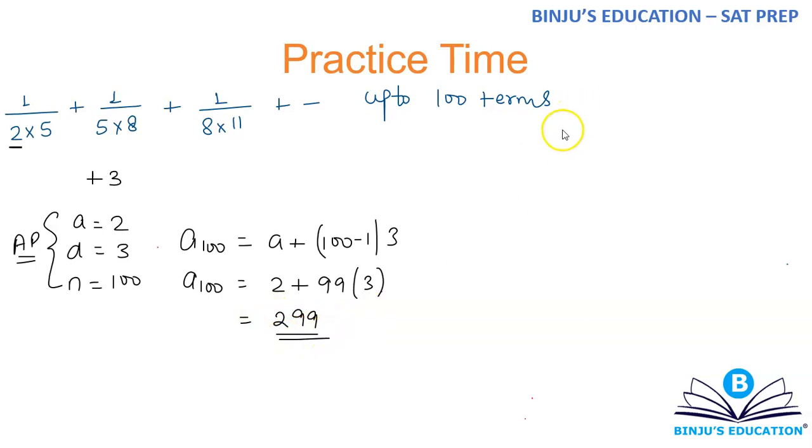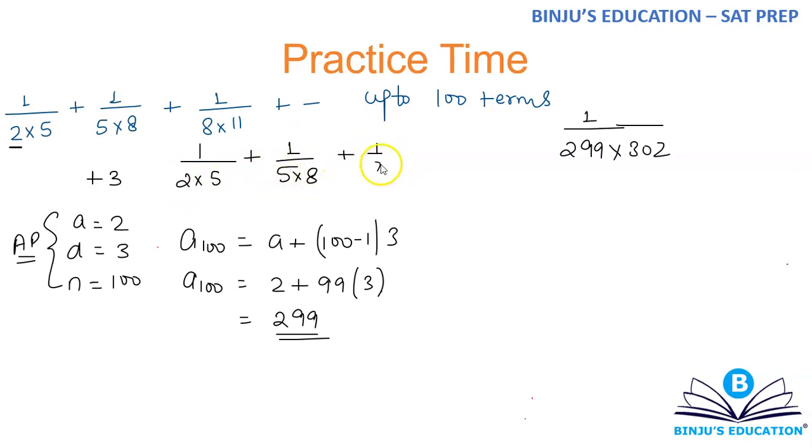So your 100th term will basically be 1 over 299 into 302. So you're basically starting with 1 over 2 into 5 plus 1 over 5 into 8 plus 1 over 8 into 11, and so on and so forth.